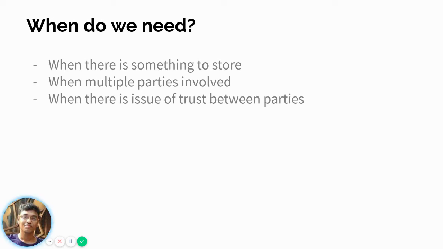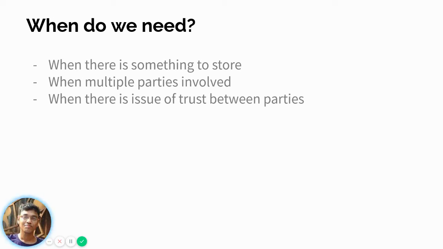Now the third is when there is an issue of trust between parties. Now you have multiple parties, and if the parties don't have a trust problem, like we talked about the trust problem earlier, right? If these parties trust each other, then there is no need of blockchain. But if they don't trust each other, like in the case of consortium, right?